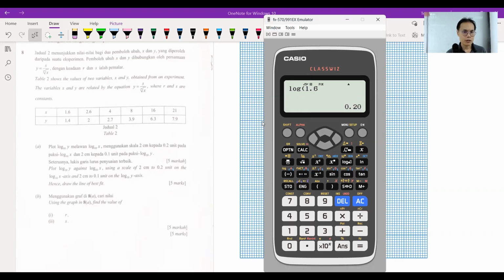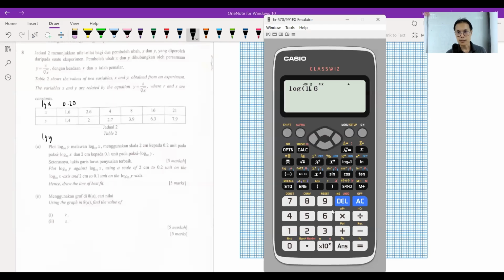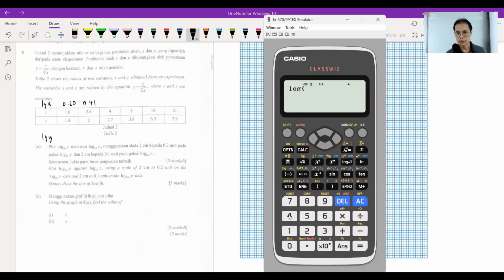So I'm going to write over here because I don't want to do too much work. I'm going to write over here LGX, LGY, my LGX 0.20. Then we go on with 2.6. The next one is 2.6, 0.41. Okay. Next one, log 4. I think it's 0.6. Yeah, 0.6.